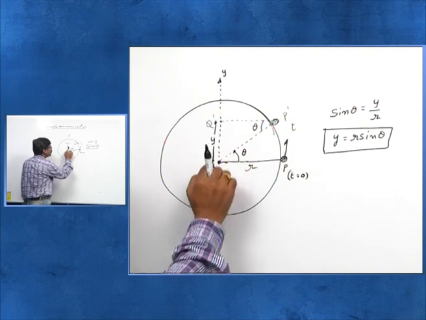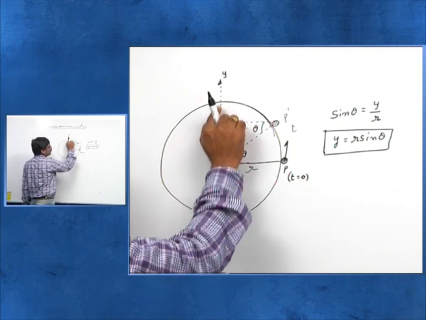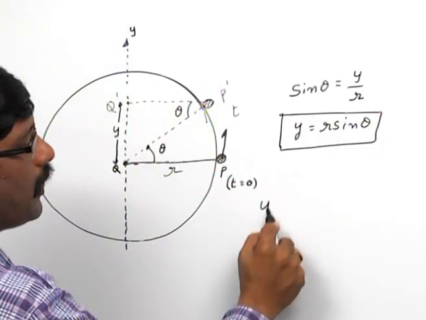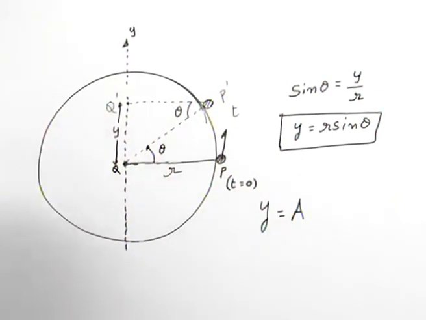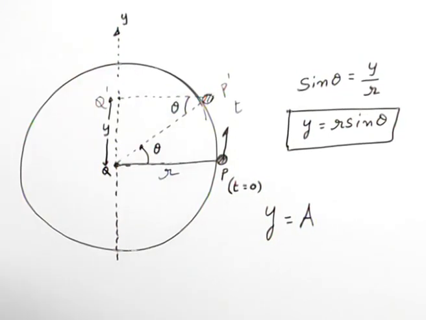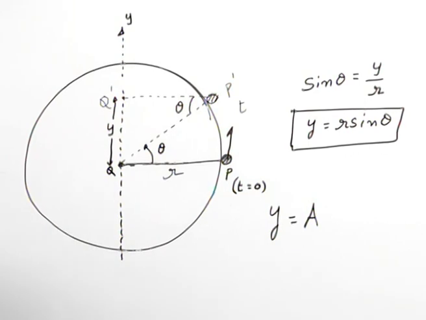Its projection is moving along the y-axis. The maximum displacement of Q from the mean position is r. The same r we call amplitude. The maximum displacement from the mean position is called amplitude. So the same radius for P becomes amplitude for Q.